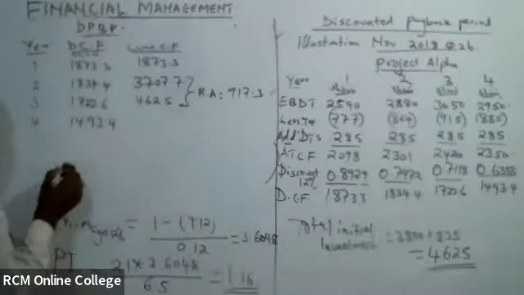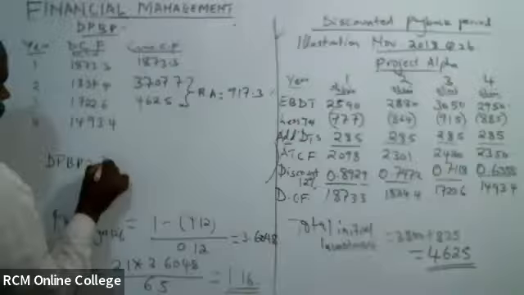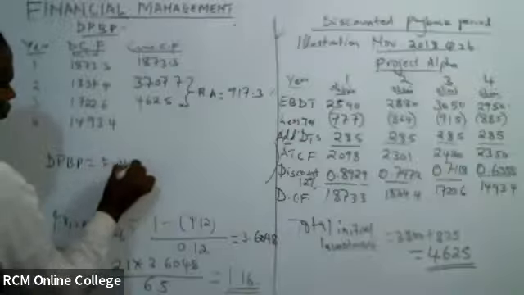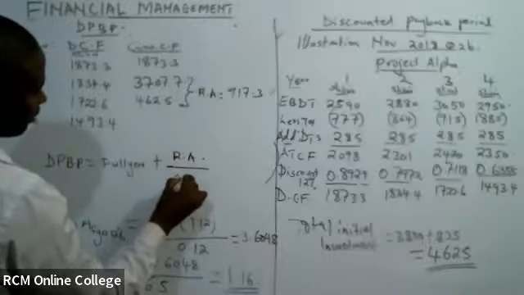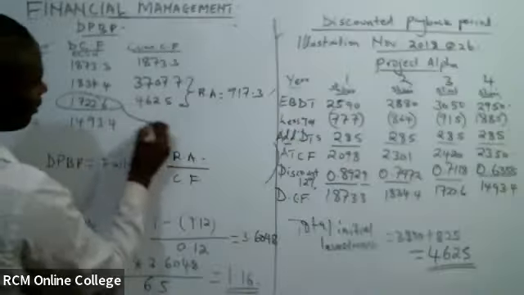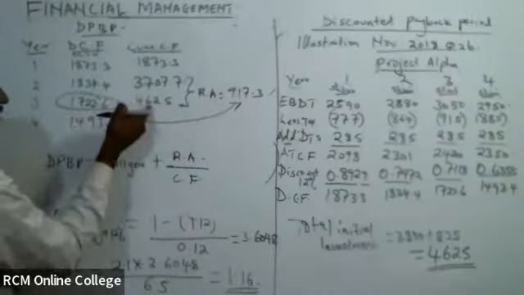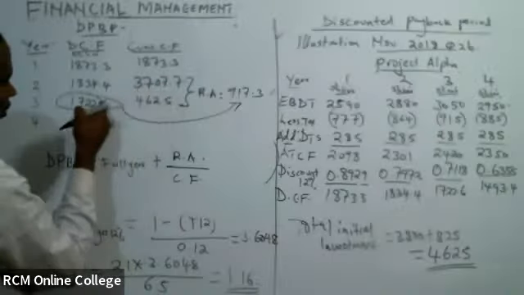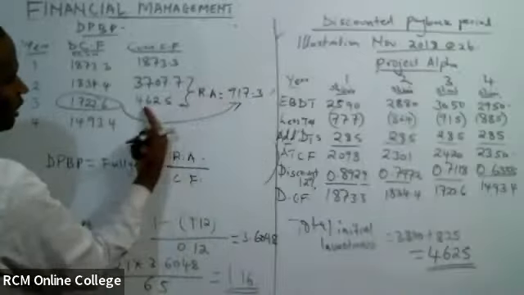I come and now use my formula to get the discounted payback period, which is the full year, hope you remember, plus the remaining amount over the cash flow. And this cash flow is the cash flow for the year that has assisted me to get this. I see this 917 we asked for here so that we can fill up here. This 3707.7, when you add this, will give this.